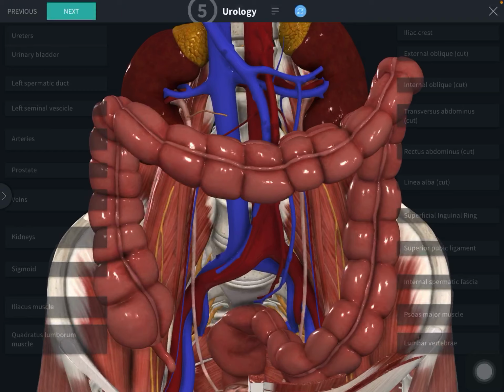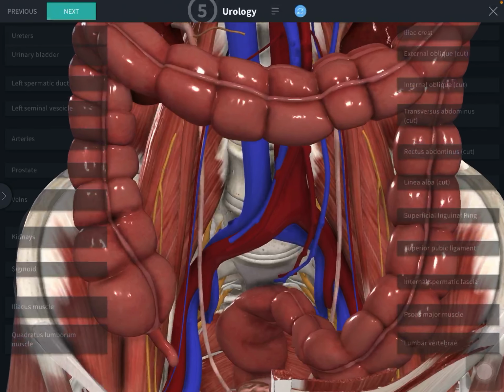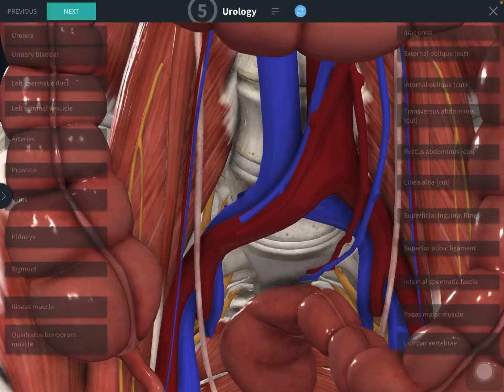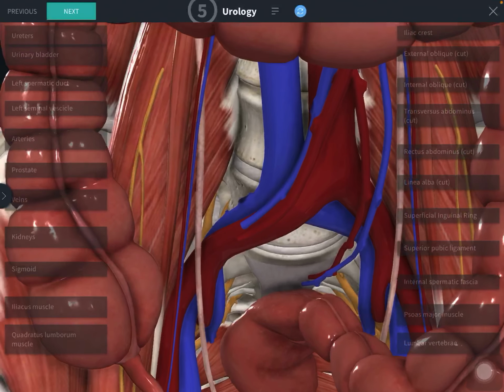So it is running downwards, so you can see first, along the anterior margin of greater sciatic notch and reaches the level of the ischial spine. This is known as the first or vertical part of the ureter. In the pelvic part, this is the first part or vertical part of the ureter, up to this.